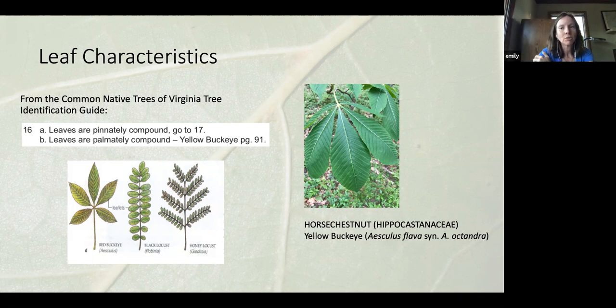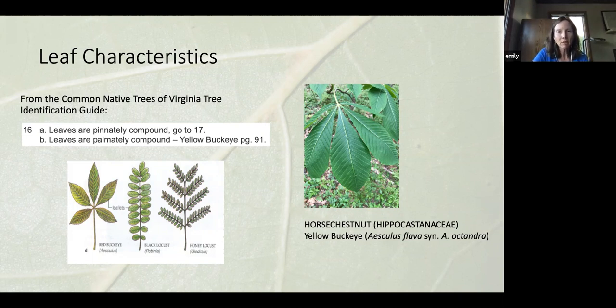leaf. So there are 5 leaflets on this one. It doesn't always have to be 5 for a palmately compound. I don't think they figured out how many digits we have, and then therefore they've replicated that in nature. The other option is the pinnately compound, and that's where they are side by side, so it's more like a branch that goes out with them on either side.